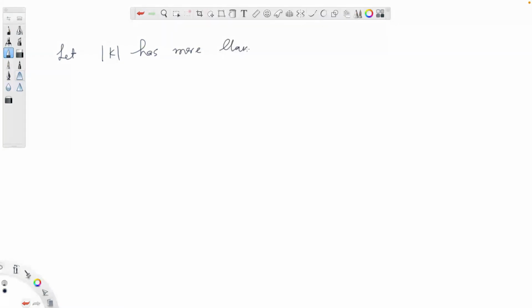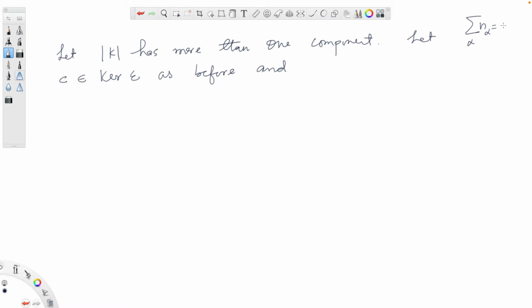More than one component, let C belonging to the kernel of the augmentation map as before. And remember this equation, the sum of all the n alphas is equal to 0, which we numbered by 5.